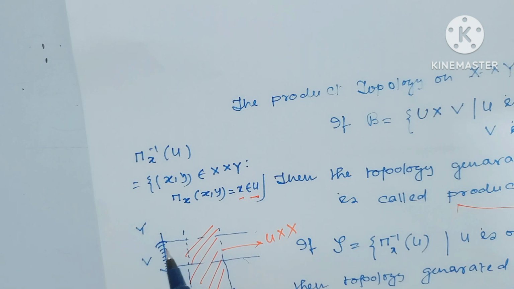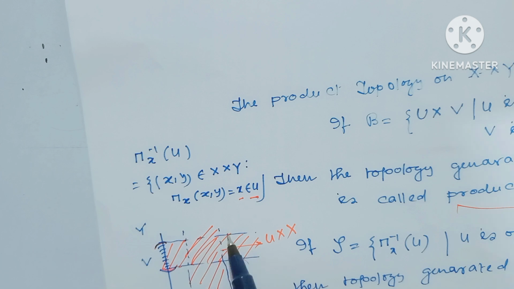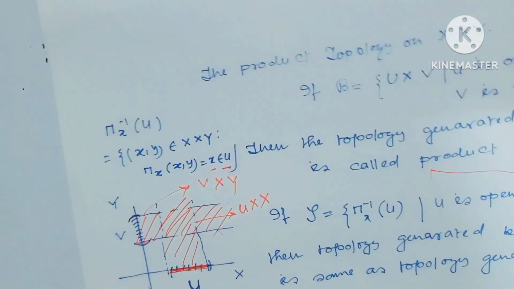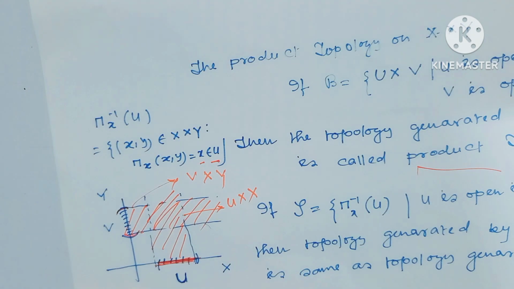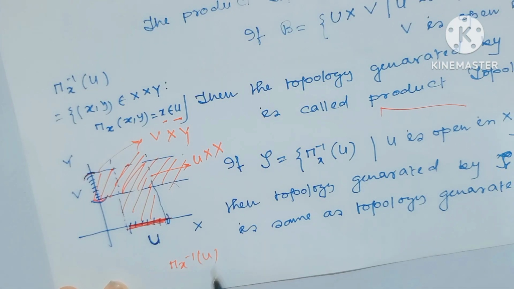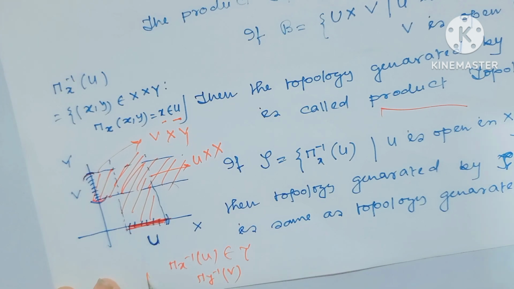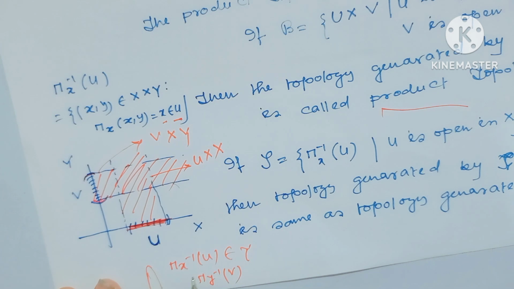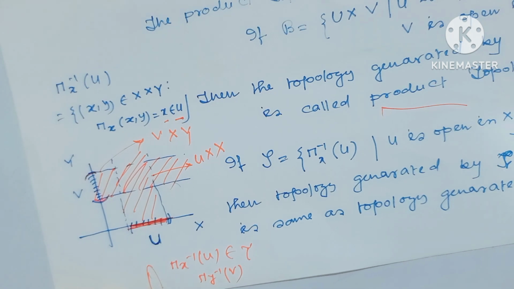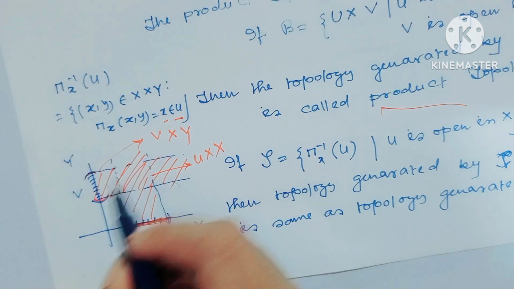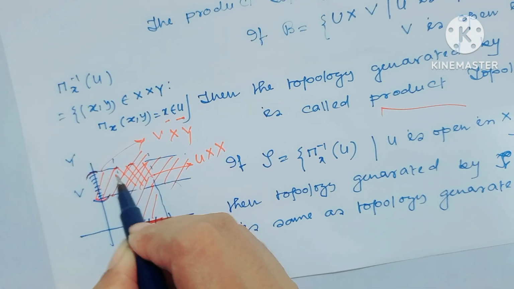Here since X absent, if this is V, then this is X cross V, and since pi X inverse U and pi Y inverse V belongs to tau, so their intersection, pi X inverse U intersection pi Y inverse V, this is belongs to tau, and this intersection means this part.